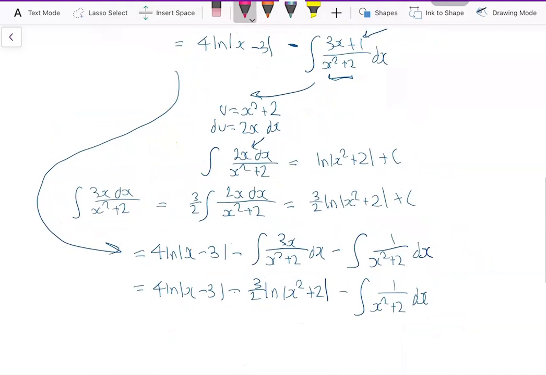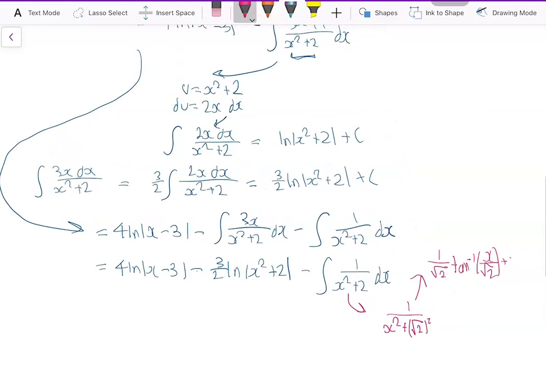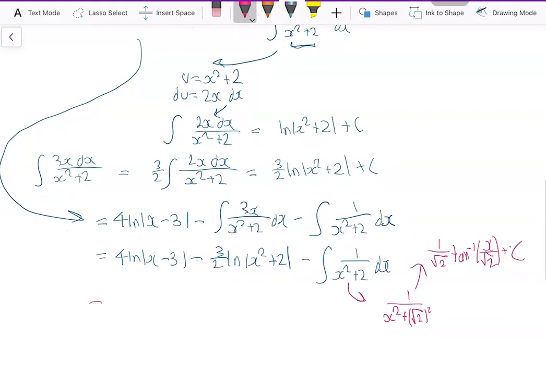Okay, now this is a standard integral where we have 1 over x squared plus something squared, which is root 2 squared, and this has an integral, using the standard table of integrals, of 1 over root 2 tan inverse of x over root 2 plus c. Okay, so this means we can finally write the entire integral as 4 ln |x minus 3| minus 3 over 2 ln (x squared plus 2) minus 1 over root 2 tan inverse of x over root 2 plus c.